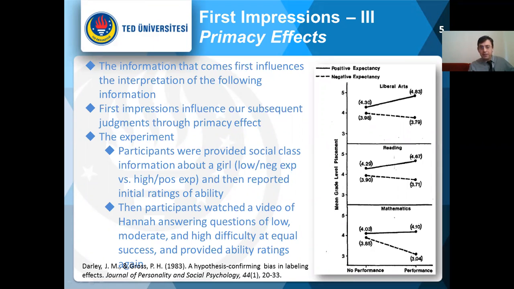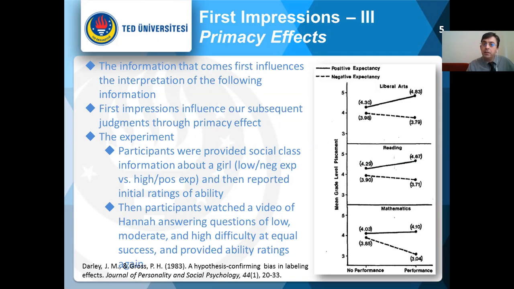And in this experiment, participants were made to watch a video about a primary school child, a girl who is called Hannah in this video. Everything on the video was the same, but there were two specific differences between two conditions. In one condition, participants learned from the video that Hannah's father and mother are low socioeconomic status people.